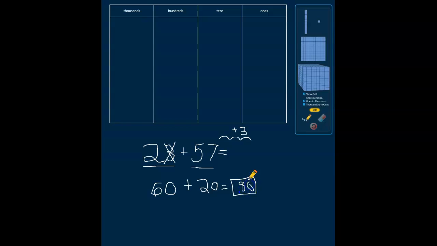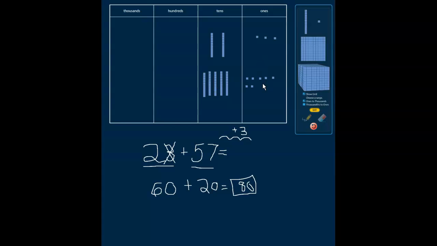Let's go ahead and use the models. So 23, here we go. 23 has 2 10s and 3 1s. And then 57, which is 5 10s and, you got it, 7 1s. Okay, well, remember what I was saying? 23 was our first addend and 57 was our second addend.